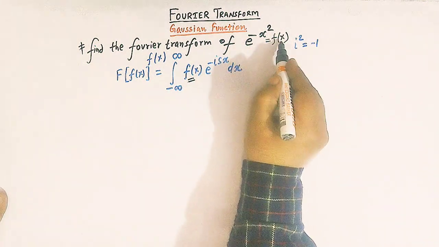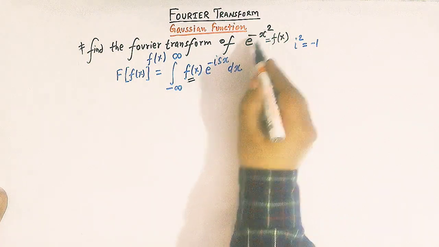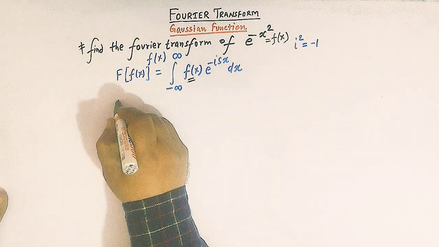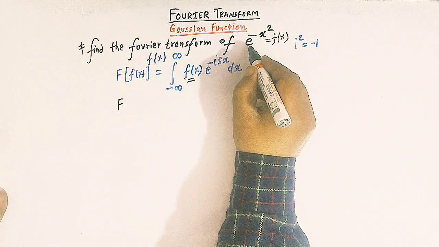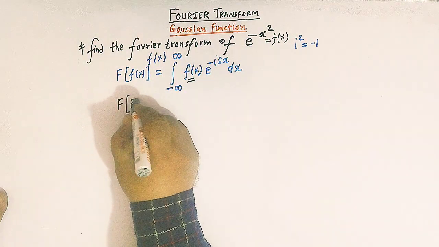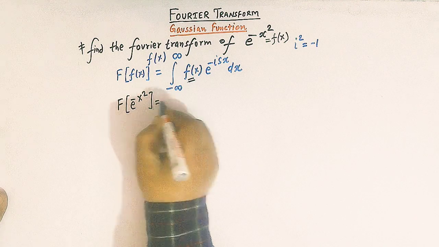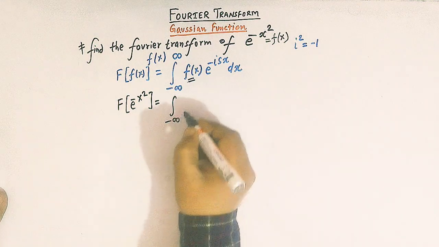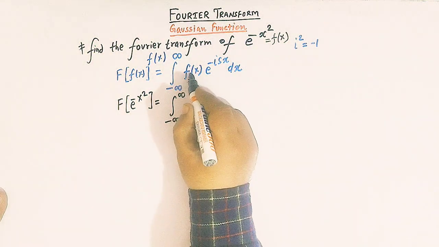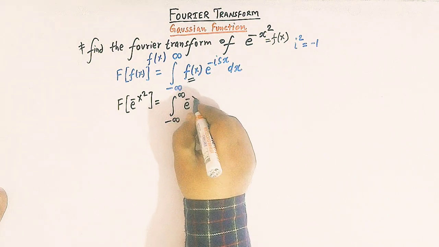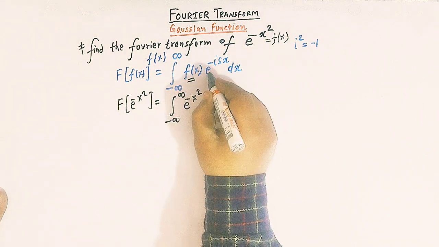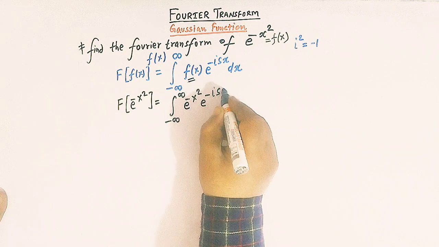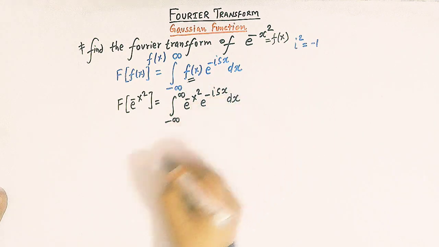So taking f of x as e raised to minus x square here, the Fourier transform of the Gaussian function e raised to minus x square is now given by the integral from minus infinity to infinity. f of x is e raised to minus x square, then we have e raised to minus isx dx, right?